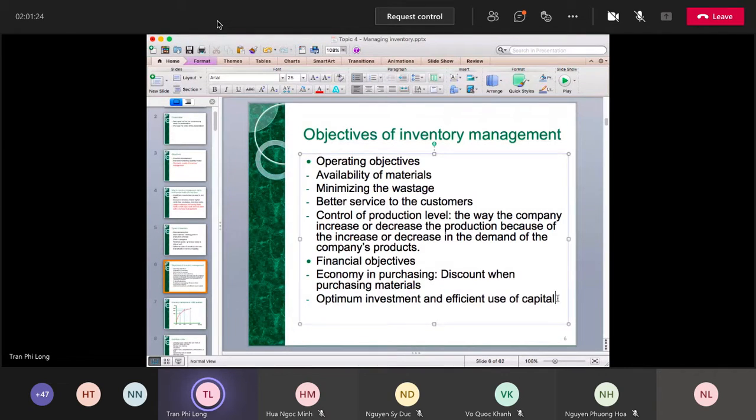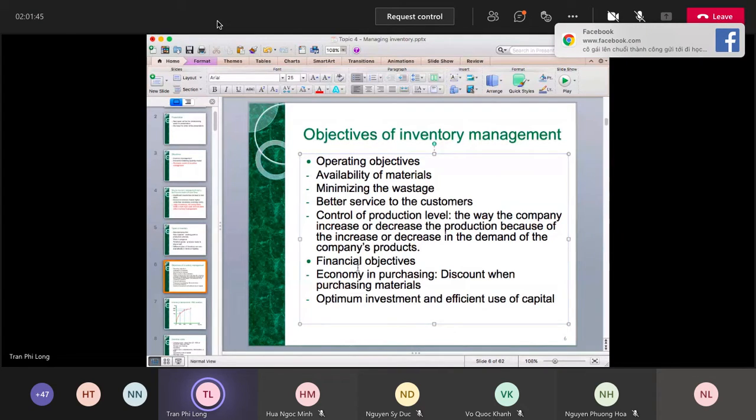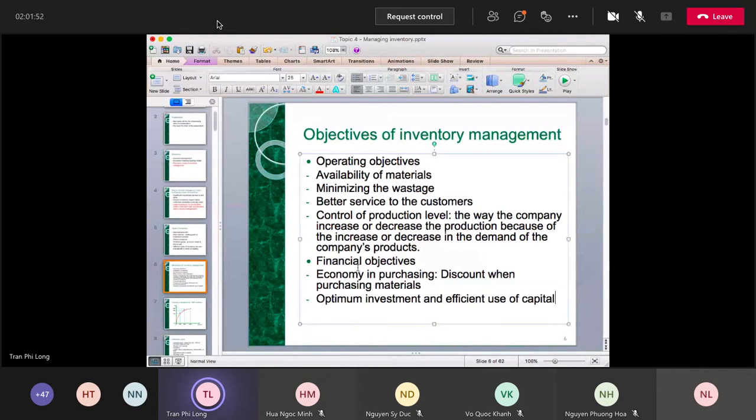You have to identify the optimal point. Later, when you study the economic ordering quantity, the EOQ model, you will know how we can identify the optimal investment in inventory. Basically, you don't want to store a lot of inventory and you don't want to lose customers. You have to weigh the benefit and the cost of having inventory.